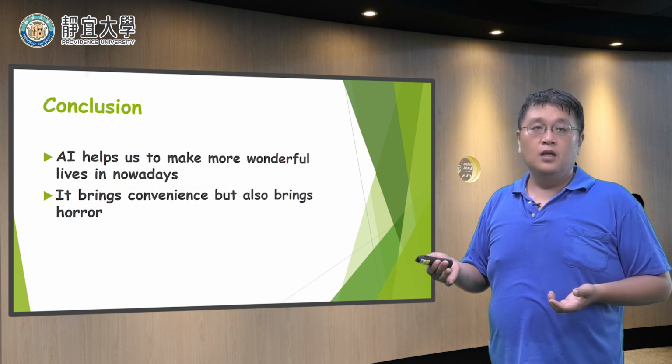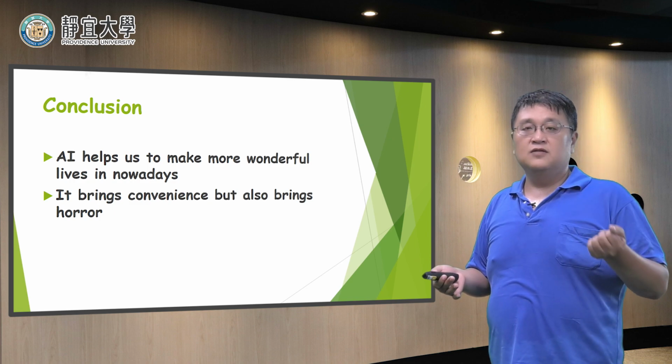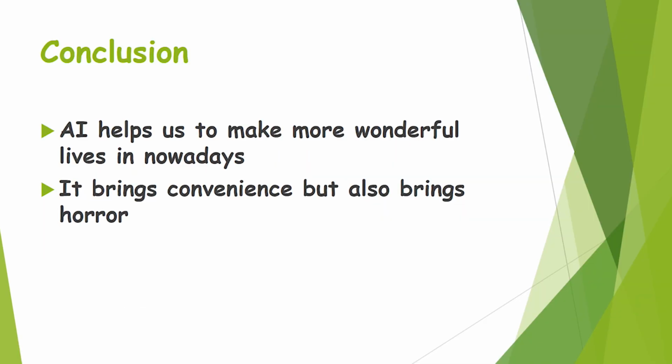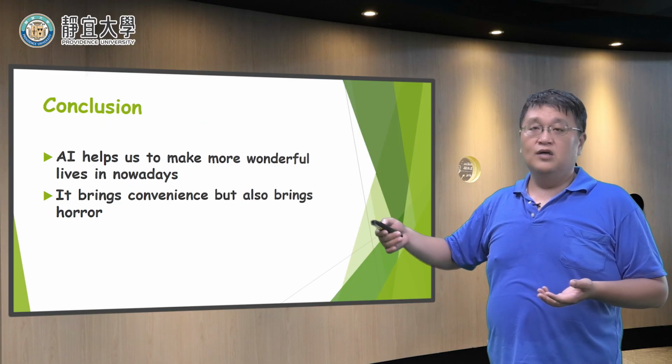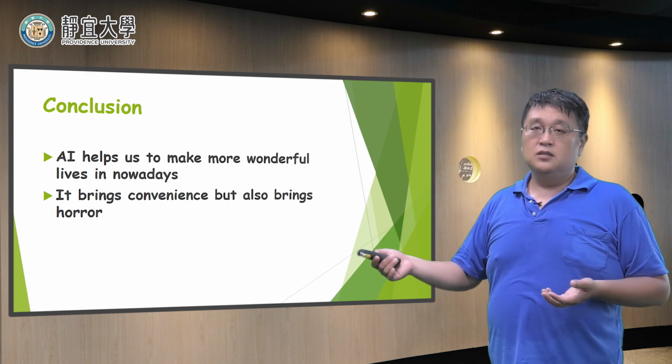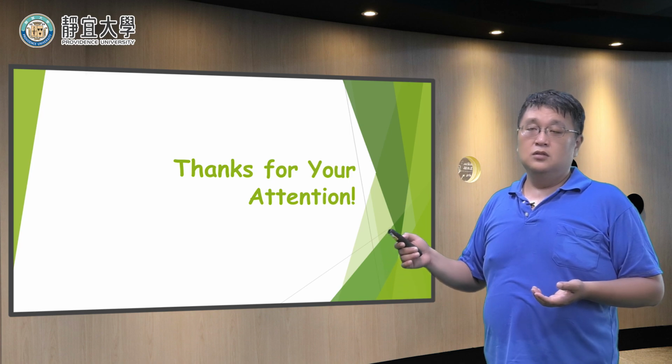AI helps us live wonderful lives nowadays. It brings a chameleon-like way, but it also brings horror. So you have to keep in mind that using AI helps us, but maybe sometimes will destroy us.